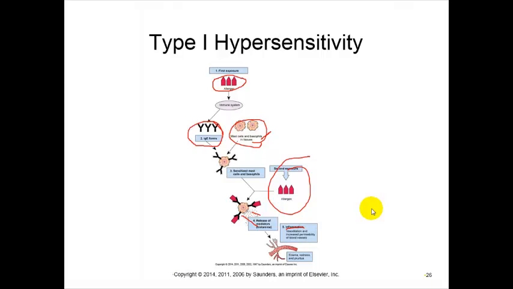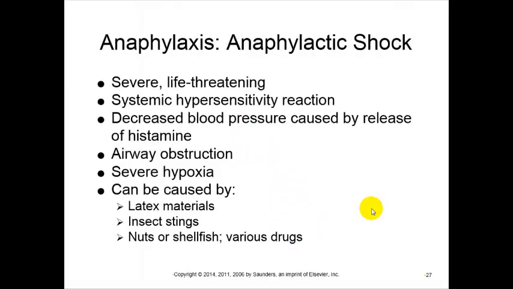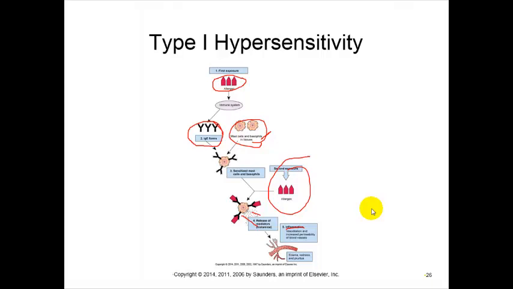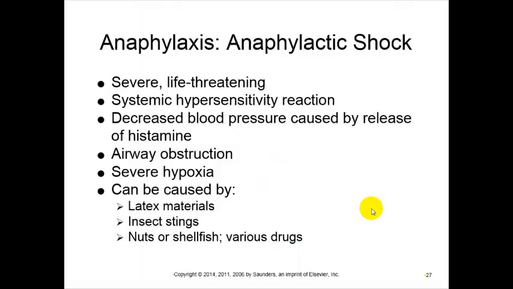And so that's type 1. It could be any kind of allergy. An allergen could cause type 1 hypersensitivity. If the exposure is super high, or you're super allergic, we can end up having anaphylactic shock.